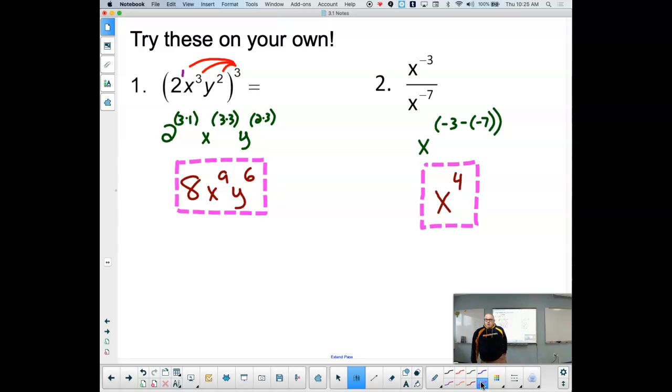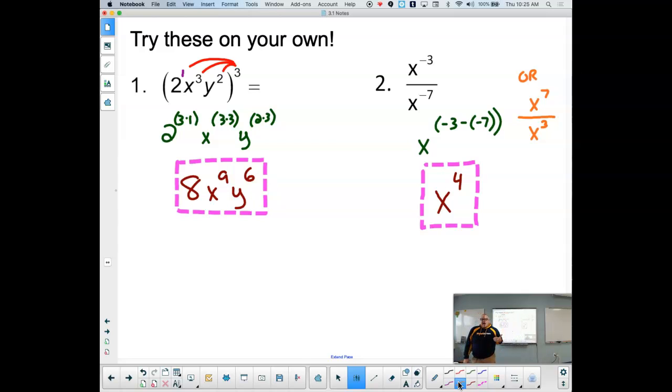I could have also done this one a different way. I could have said to myself, well, both exponents are negative, so I need to move them to the opposite parts. So I would move x to the -7th to the top, and it becomes x to the +7th. I move x to the negative third to the bottom, and it becomes x to the positive third.